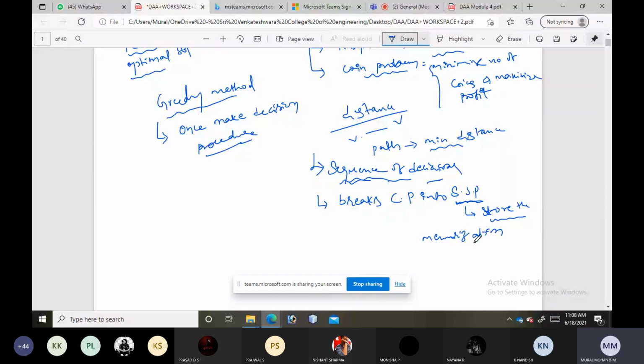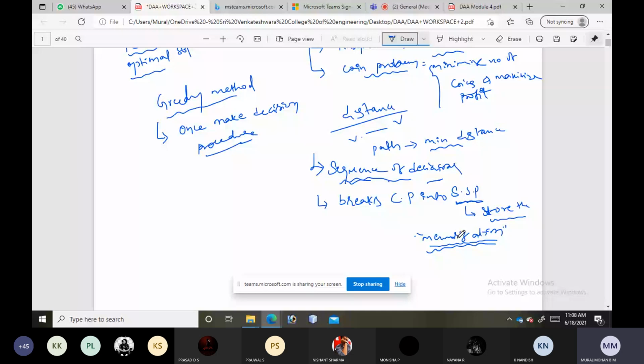Once we solve a subproblem, we store the result in some array, so that if I need to solve the same type of subproblem again, instead of computing it, I can use the result in the array. That we call memoization.